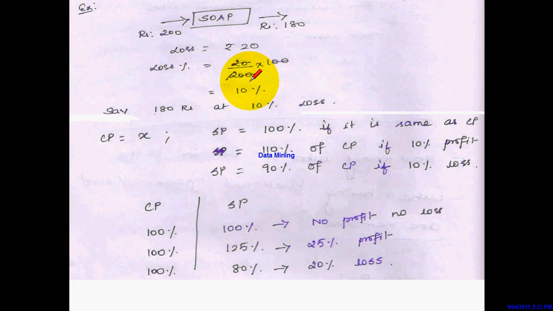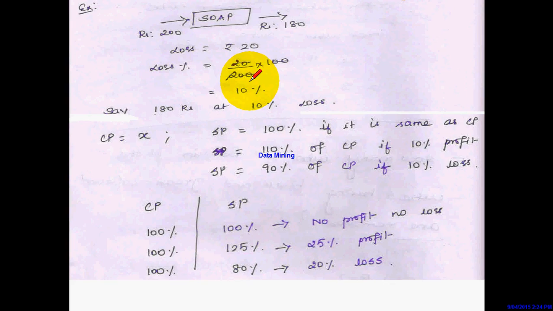If the selling price is the same as the cost price, then the assumption is selling price is equal to 100%, because I assume my cost price is 100. Both are the same. My cost price is equal to 100%, and my selling price will also be equal to 100%.